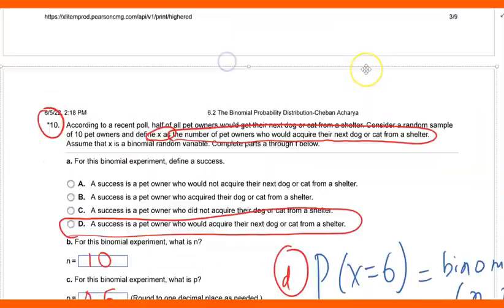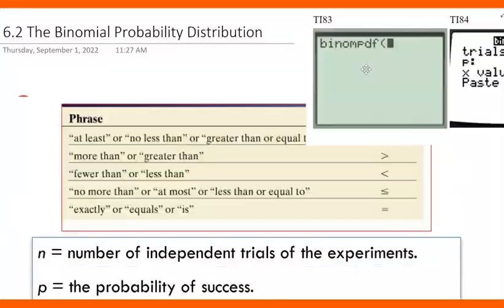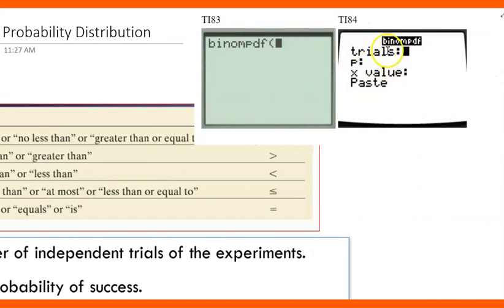Notice that sometimes you might have this option. Again, I mentioned before, if you have this type of option, you put the number of trials, p value, and the x value is going to be the third value. For the binomial PDF or CDF, your first value is always the number of trials, the second value is the probability of success p, and the x value is the third value.